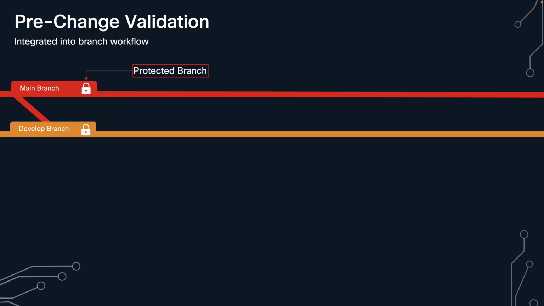Eventually, in a real production network-as-code environment, that main branch is going to exist to receive changes coming from the develop branch at some specific time, and nothing is pushed directly to the main branch itself.